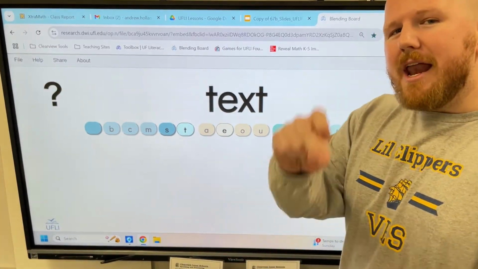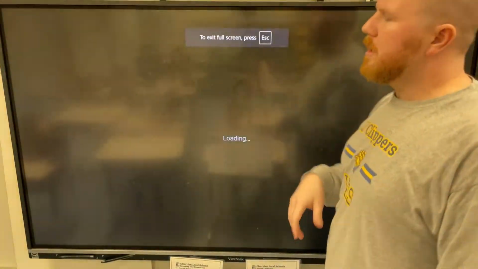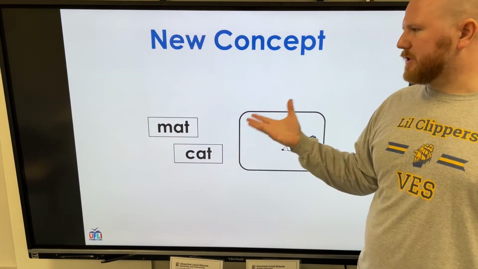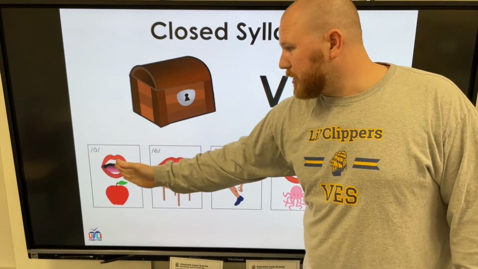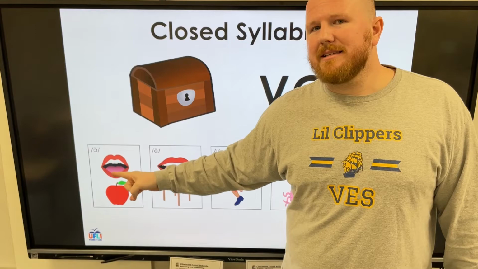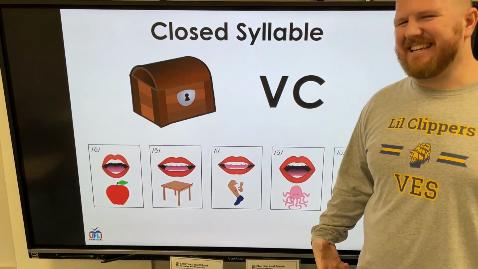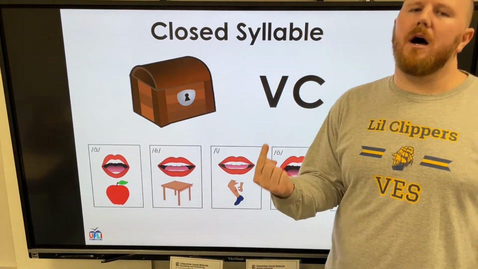Good, very good. Now we're going to move into our final section for the day where we are doing our new concept. We're talking about syllables, so let's take a look. Our closed syllables have short vowel sounds. A says a, E says e, I says i, O says ah, U says uh.